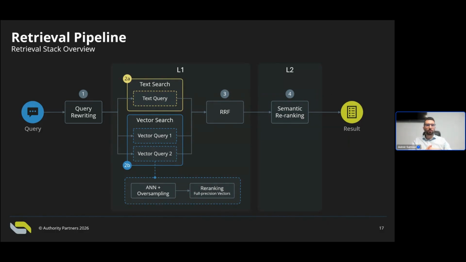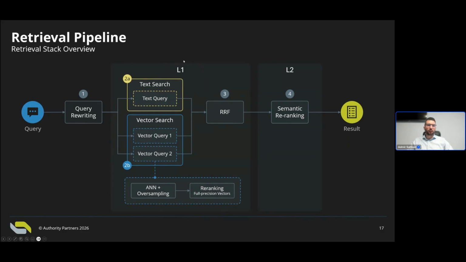When the user query comes in, it may first go through the query rewriting step, which we just explained, right? It transforms or expands the query into multiple additional semantically related query variants, and then all those queries are sent together into L1, where they are executed in parallel.